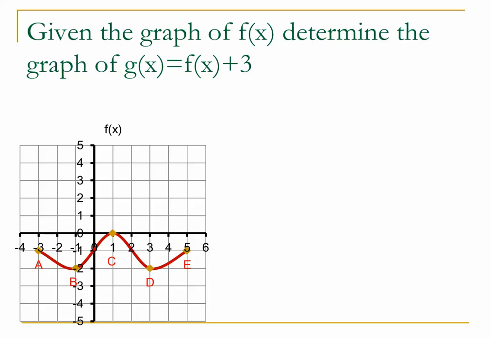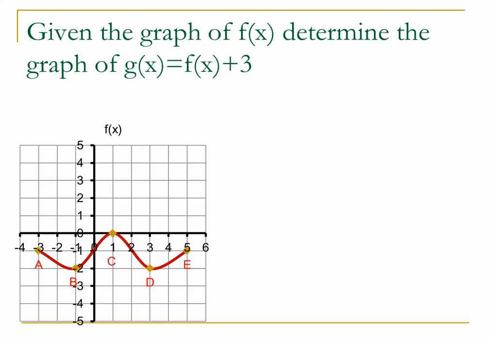So this is the same f of x that was on the previous slide, and that f of x plus 3, so that plus tells me it's either a horizontal or a vertical shift. The fact that the plus is on the outside of the function leads me to believe that this is going to be a vertical shift.